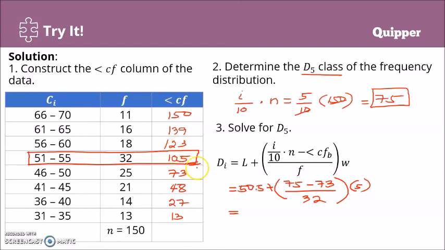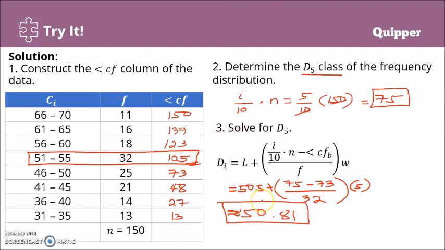Okay? And that gives us the value of 50.8125. So, rounding that off into 2 decimal places, that would be 50.81. So, since nag-round off tayo, we are going to use this symbol.